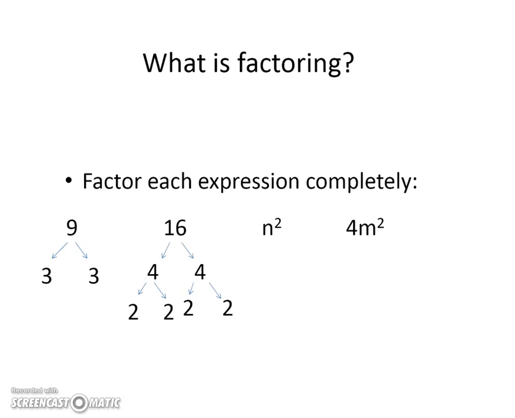With 16, we can break it down to 4 times 4, which can be broken down to 2 times 2 times 2 times 2, or 2 to the 4th. n squared would be n times n. 4m squared, you can break the 4 down to 2 and 2, and the m squared down to m and m. So that's factoring completely when there's no other factor to find.